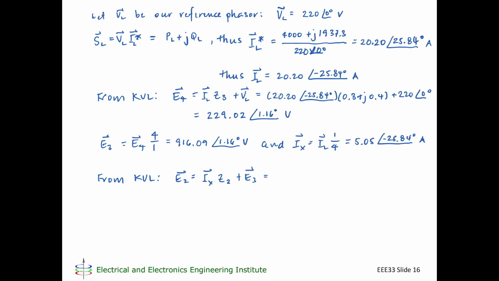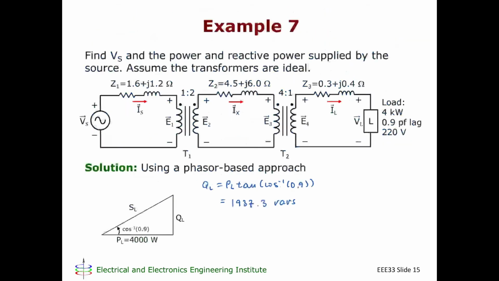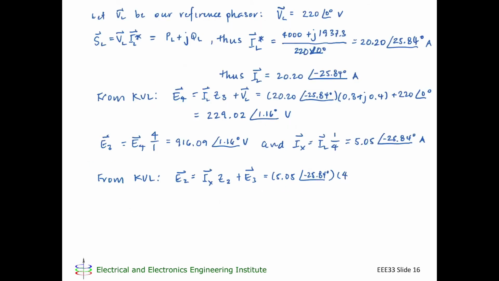So this is now 5.05 at an angle minus 25.84 degrees multiplied by Z of 2, which is 4.5 plus j6, plus E of 3, which we computed to be 916.09 at an angle 1.16 degrees.